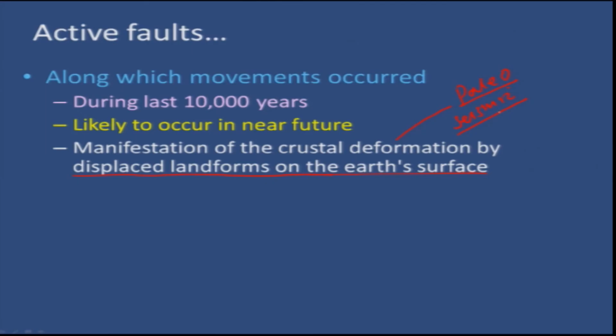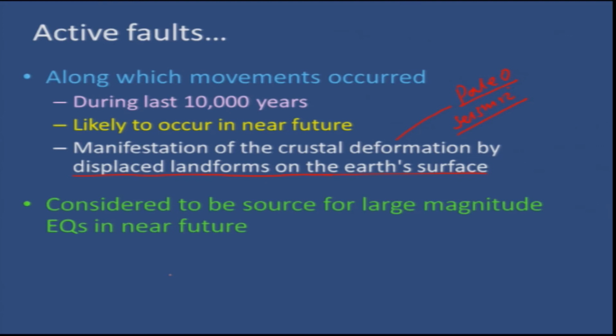So this is the definition of active faults, along which movement occurred during the last 10,000 years and is likely to occur in the near future, and what we see is the manifestation of crustal deformation on the surface in the form of displaced landforms. Okay.